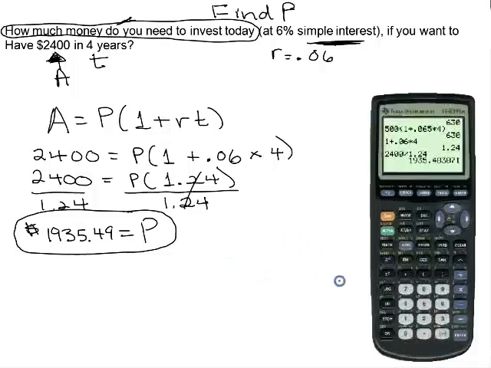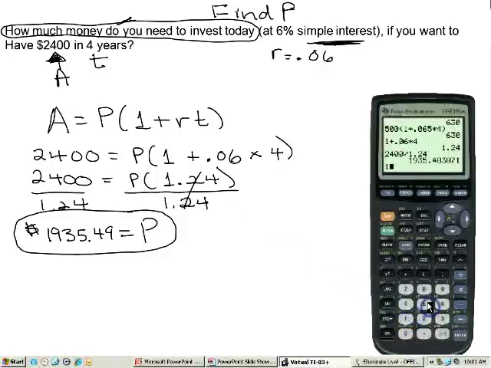A quick little check. If I take my answer, $1,935.49, and multiply by 1, in parentheses, 1 plus 0.06 times 4, I want to make sure I have my $2,400.